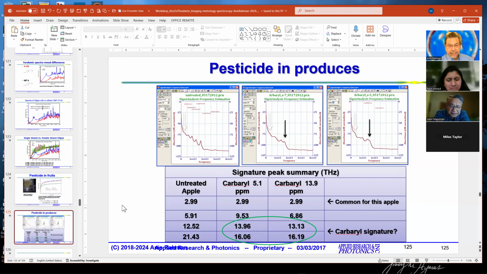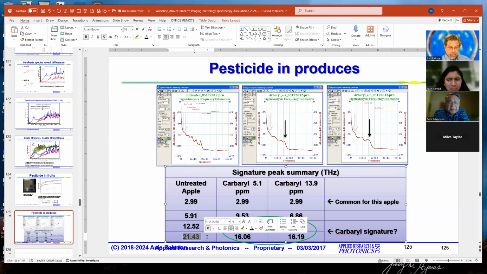It happened that way. Because higher concentration makes it heavier, so it could come down. The key here is whether we find the same peak over and over again or not. That's the key.